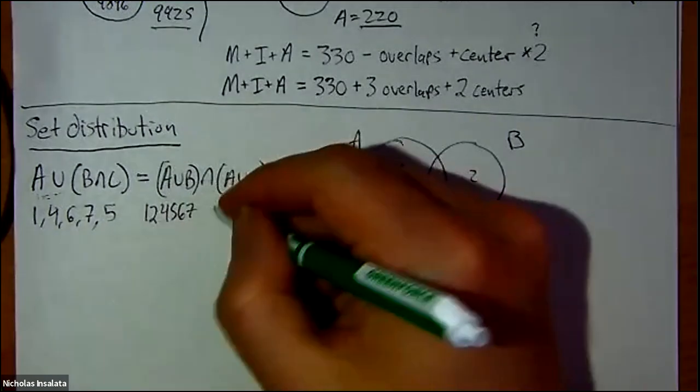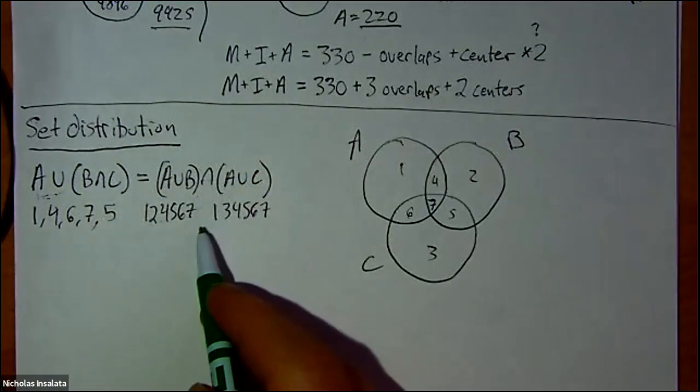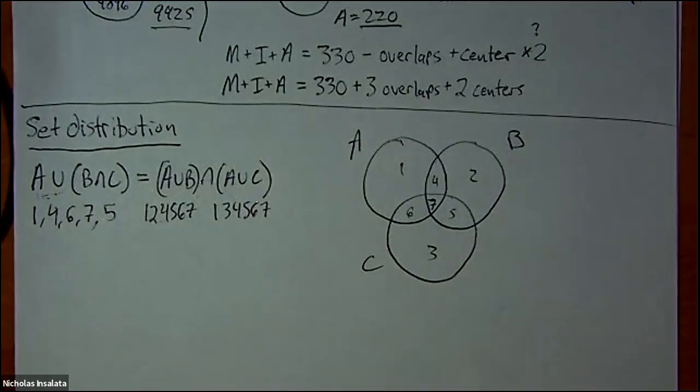All except 2. So 1, 3, 4, 5, 6, 7. And if I intersect those, what is that operation going to do to my list of regions here? It will come out the same as the left side.